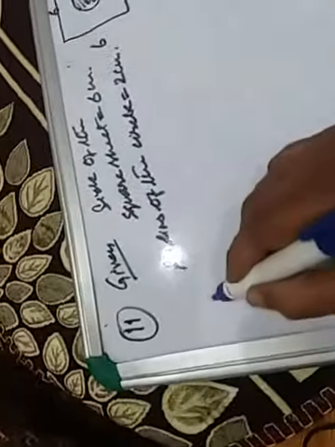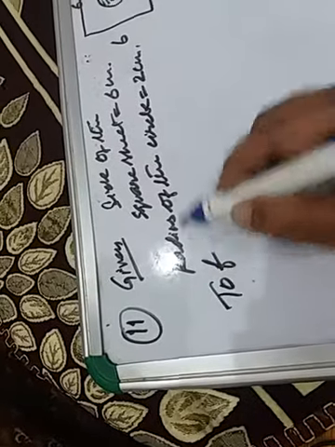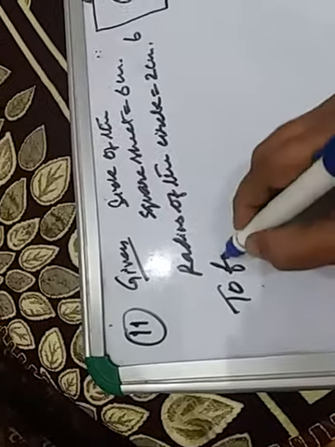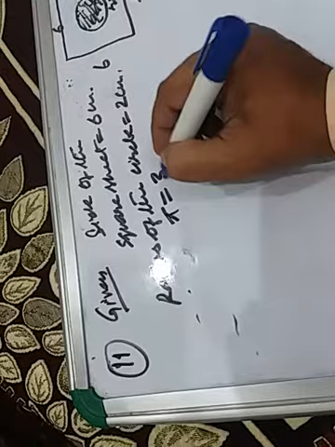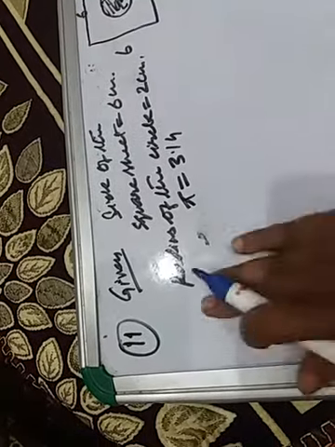Okay, children. Now what we have to find? We have to find out the area. One more thing is there, that is pi. This time we have to take 3.14 only. We have to find out the area of the leftover sheet.